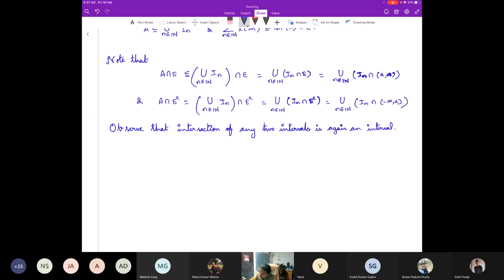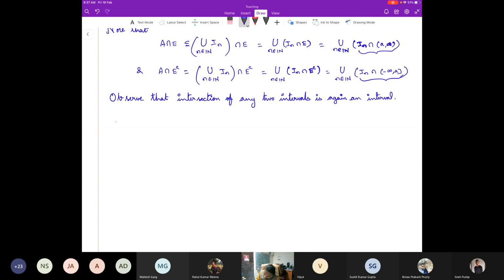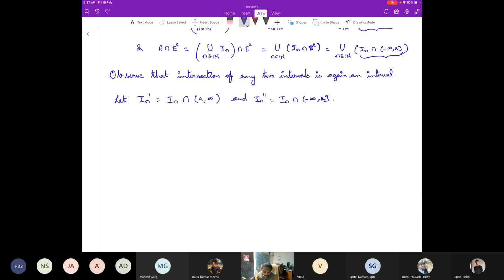And therefore, whatever we have here is an interval, and this one is also an interval. So let me call I_n dash as I_n intersection (a, infinity), and I_n double dash as I_n intersection (minus infinity, a]. So with all these observations, now let's proceed.